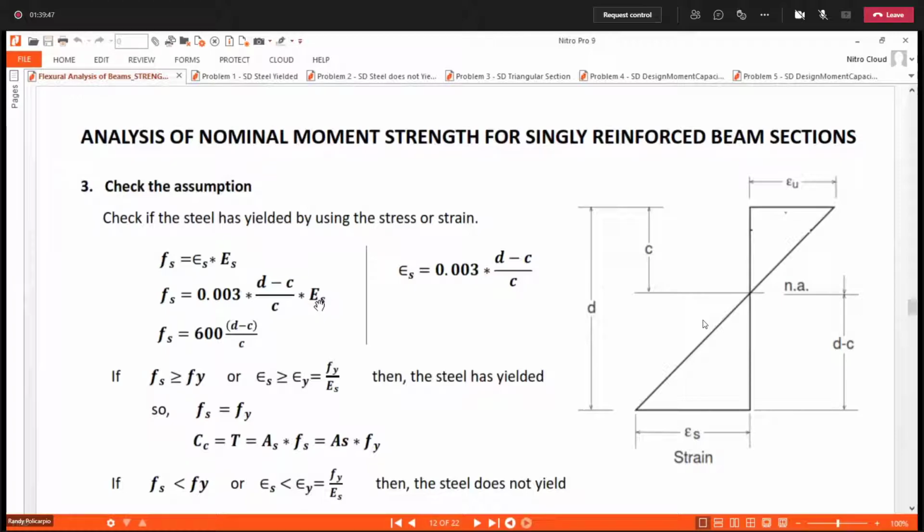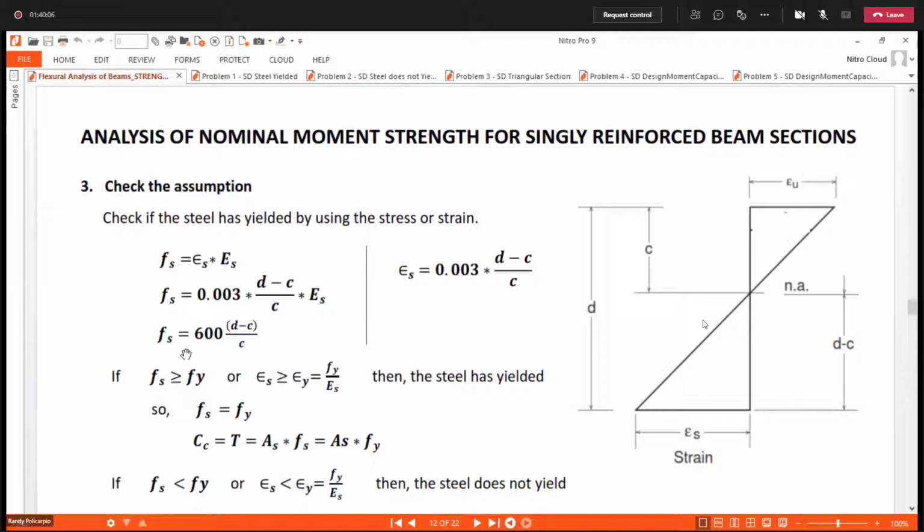Yung 200,000 megapascal, pag minultiply mo ng 0.003, ang result niya ay 600. Kaya yung Fs natin ngayon ay 600 multiplied by D minus C over C. So ito yung equivalent ng Fs natin.